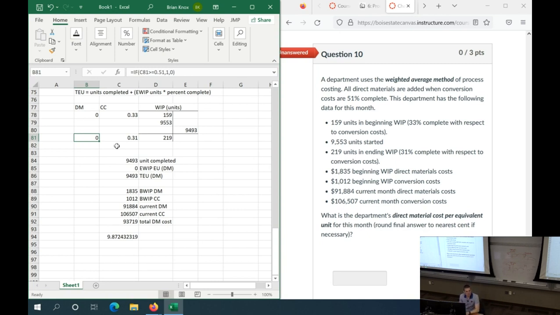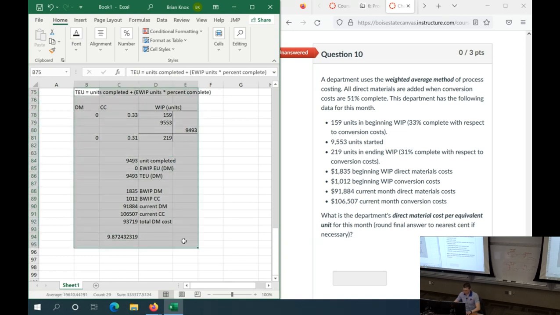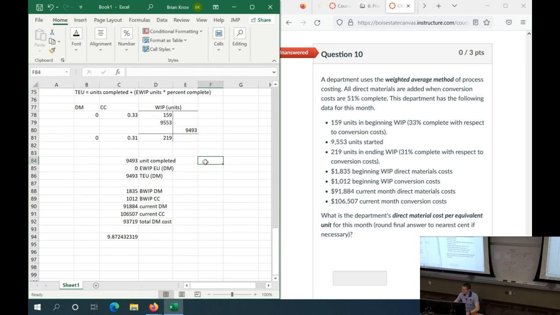Other questions? Or, like, the last sentence is the conversion cost per equivalent unit? Yes. So let's imagine that was what this asked. Put program right here. Same units completed.